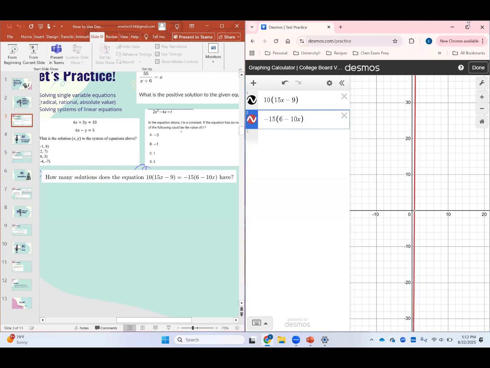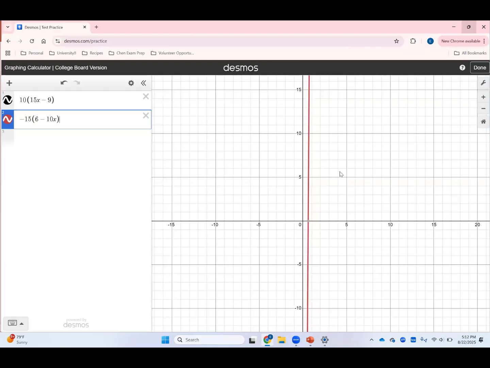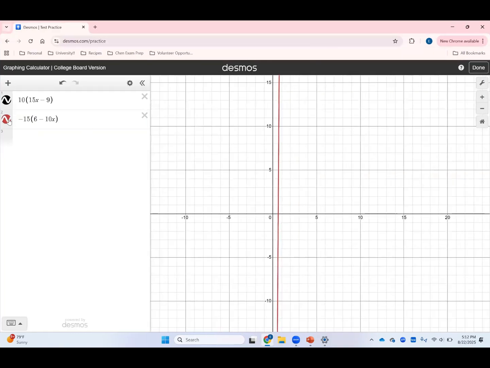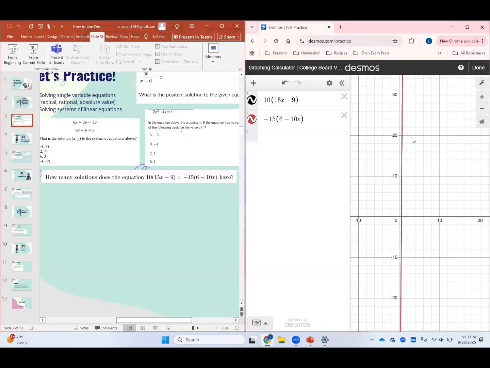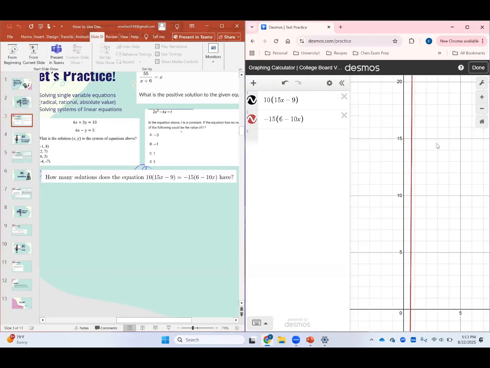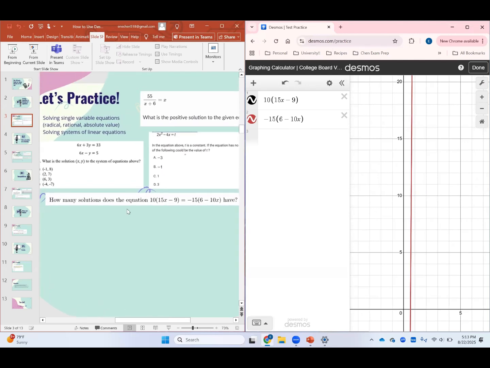Now I'm just going to full screen so you can see this a little better. But if you see the red line, which is the right side of the equation, completely overlaps with the black line, which is the left side of the equation, right? So, like we discussed before, if the two lines overlap, that means there's infinite solutions. So that's our answer for this question.